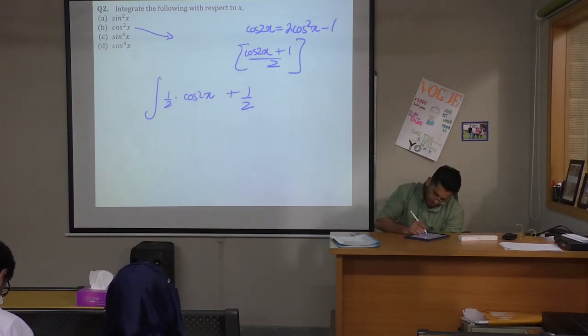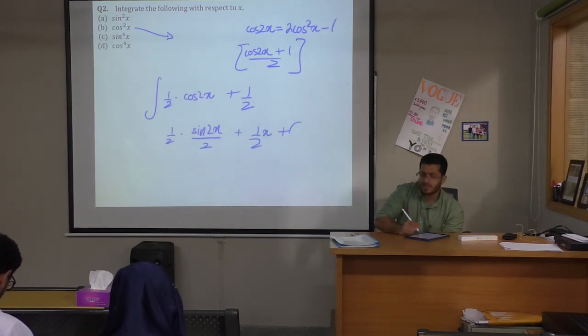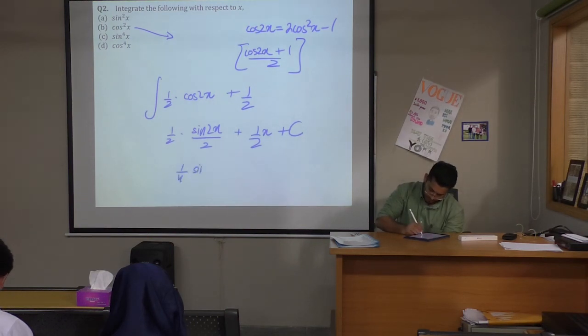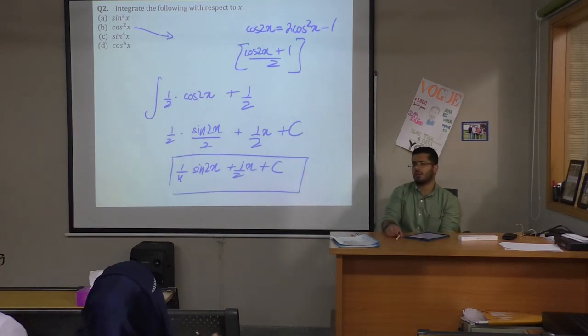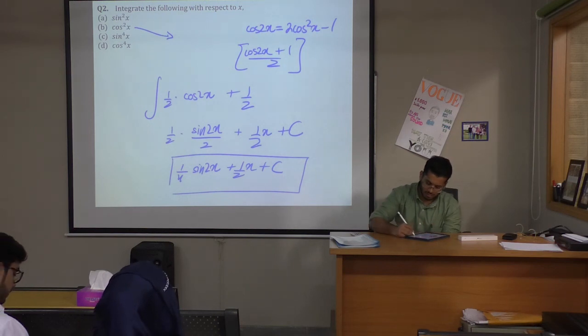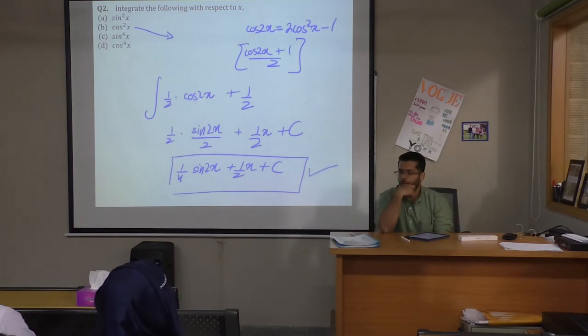Sin 2x upon 2. So sin 2x upon 4 plus half x plus c. You can take common and simplify it, but this is your end result.